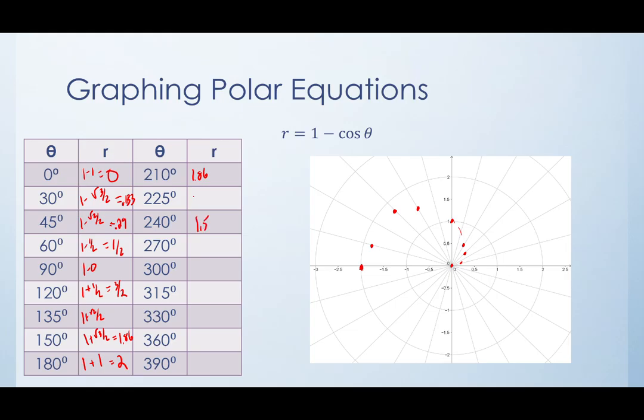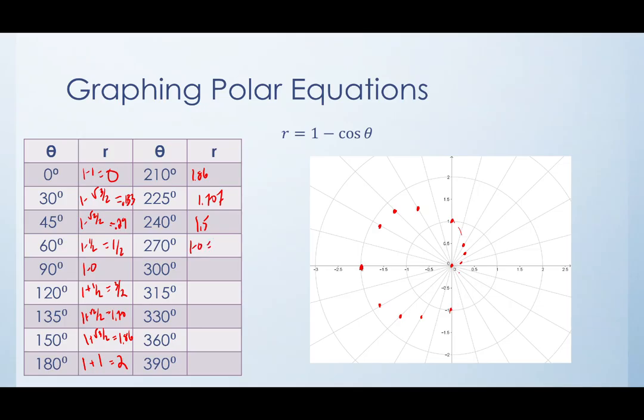This would be the 1 plus root 2 over 2, which we said was about 1.707. You know what, I put that in the wrong place right there. That's better. 30 degrees, not 15. And so we can eyeball these guys. At 270, that would be 1 minus 0.